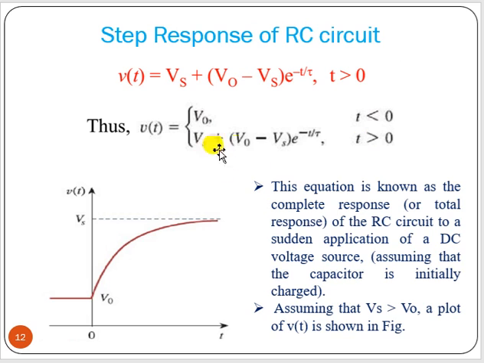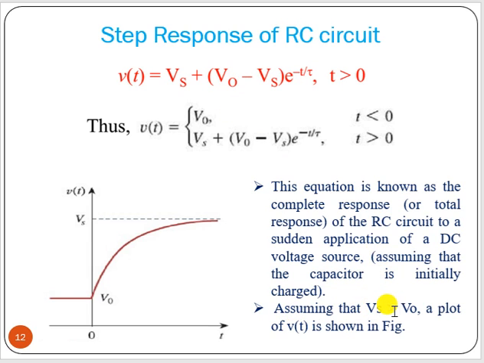For t greater than 0, this is the value which is the step response. Okay. Now this equation is known as the complete response or total response of the RC circuit to a sudden application of a DC voltage source. Here we assume that the capacitor is initially charged to V0 voltage.